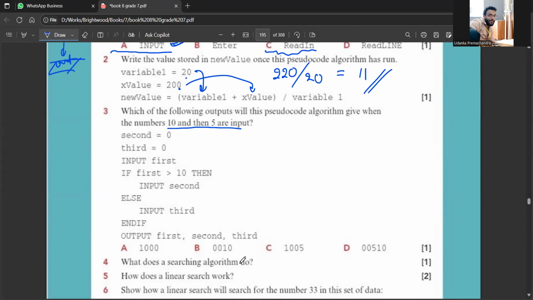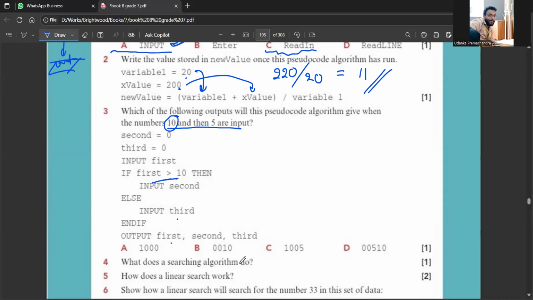Now, if I take the input value as 10, is 10 greater than 10? No. So if not, what happens? Input third, otherwise output first, second, and third. So the output should be first, second, and third.